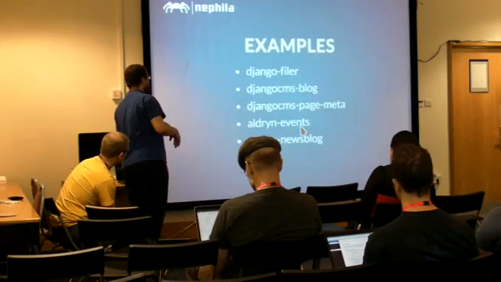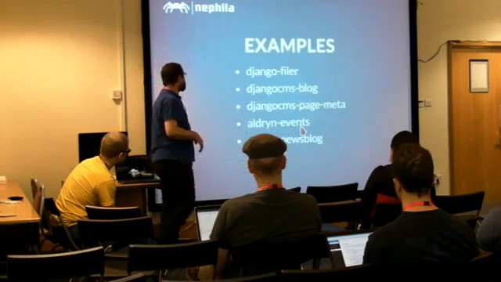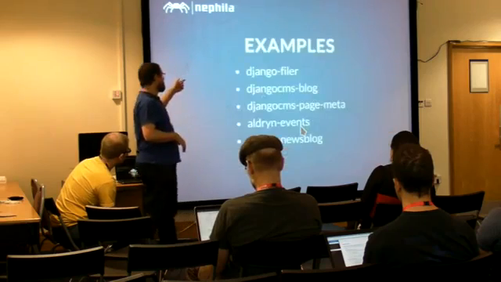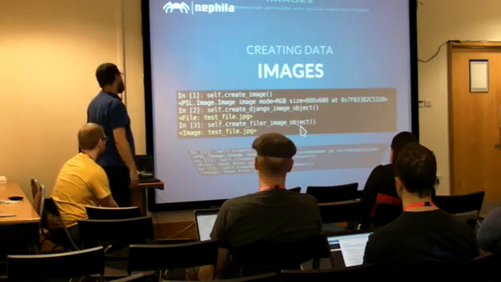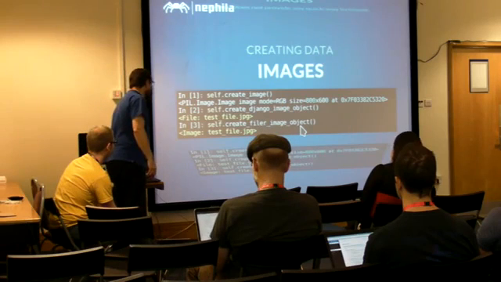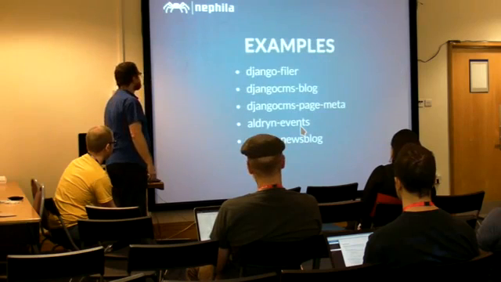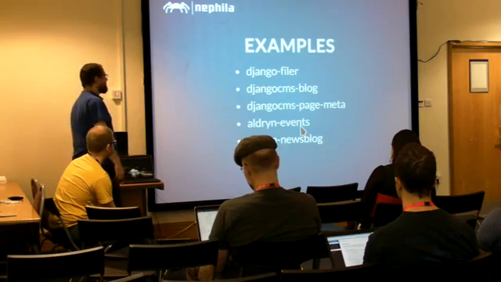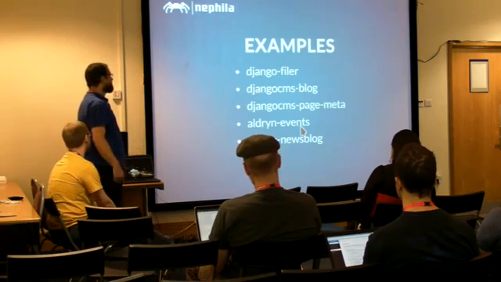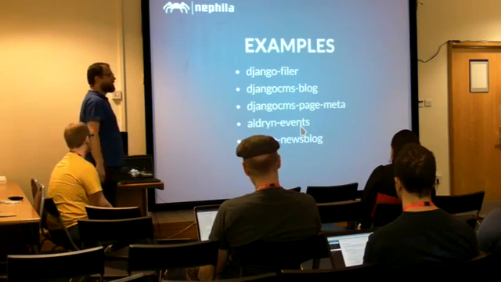There are some examples which use Django CMS helper. Filer is a known CMS application which uses it. And then there is Django CMS blog and Django CMS page meta, which are two applications I wrote, and then also all the Aldryn applications are using Django CMS helper to write tests.